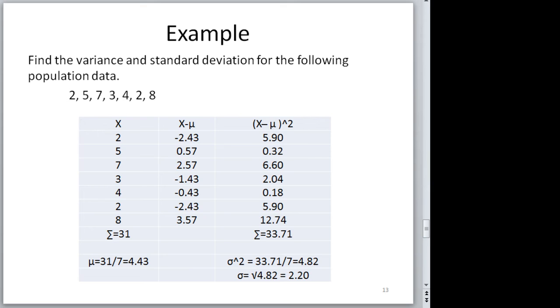You can put it in a frequency distribution table, draw a histogram, find the mean, median, and mode, and now you can also find the variance and the standard deviation for those data points. And you can make a couple of comments. If your standard deviation is big, you can say it's spread out data. If the standard deviation is small, you can say it's concentrated data, and so forth, right?